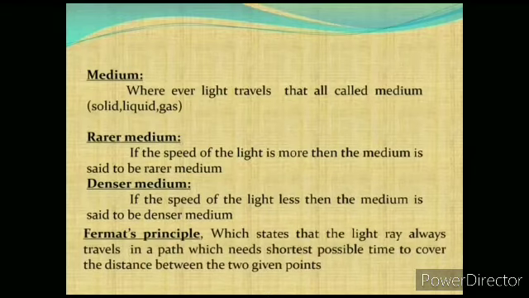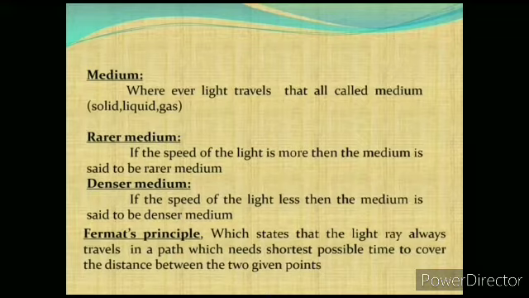One more important principle, students, that is Fermat's principle. What does Fermat's principle state? Fermat's principle states that light chooses the shortest path to travel. What is the shortest path? A straight line is the only shortest path.